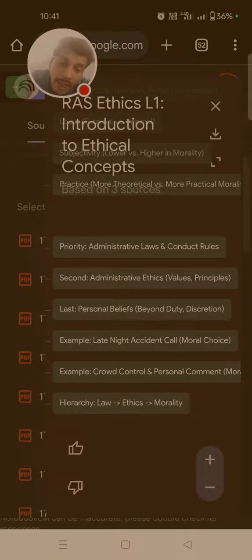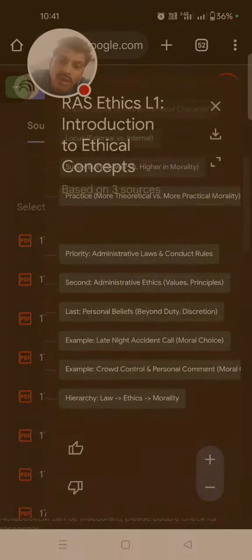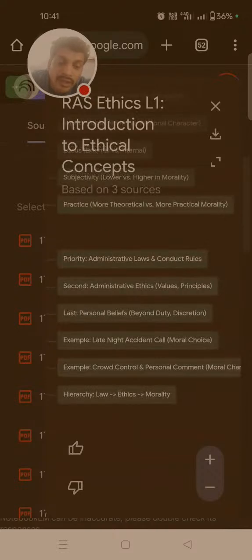For example, in a late night car accident, you have a moral choice whether to go or not. In crowd control and personal commands by the crowd, your moral character decides your reaction. Then the hierarchy is law, ethics and morality.